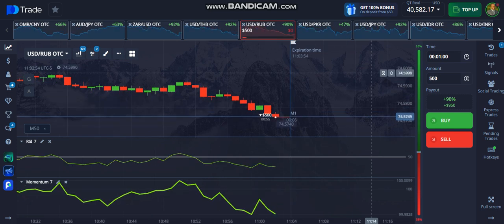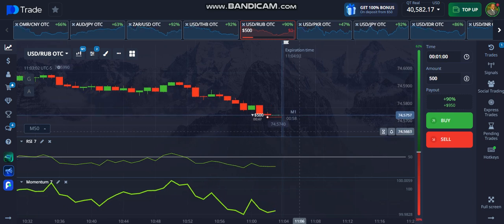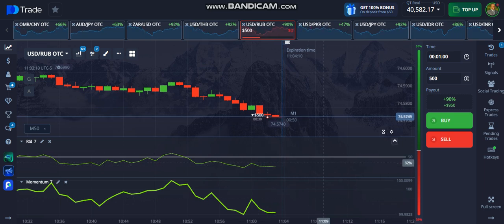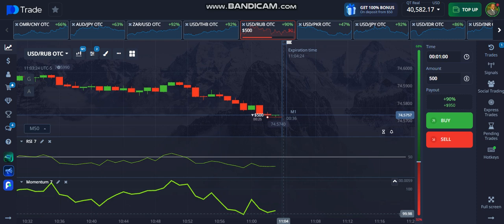Okay, so I'm on the USD RUB OTC pair, and I just took a sell trade. And the reason why I took the sell trade is the RSI is going below the 50 line here, which is this vertical line. And also the momentum indicator is showing a downward sloping line here, which suggests that there's a bearish trend to the downside in the momentum here.